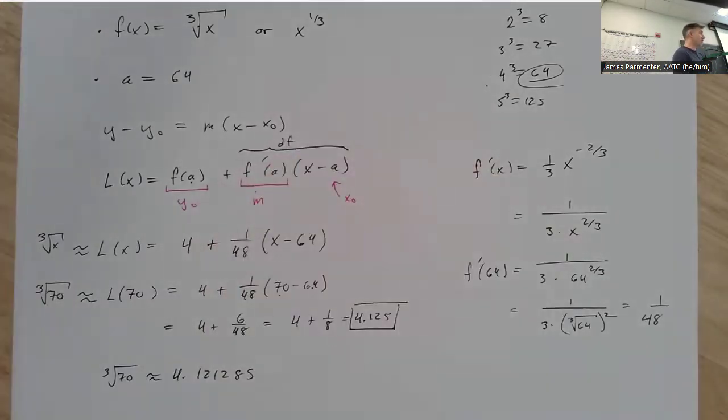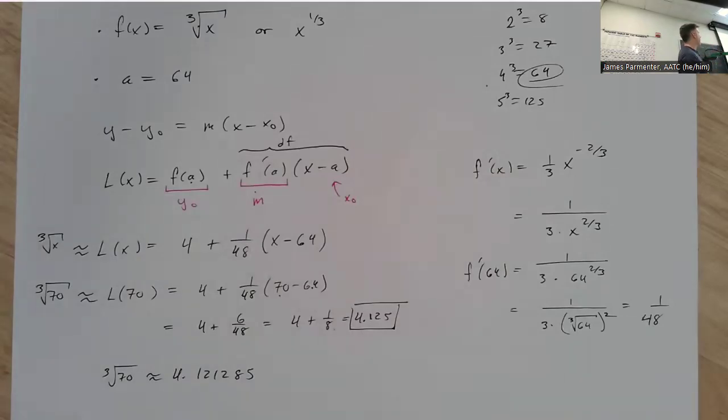That's your differential. That's your approximate change going from x equals 64 to x equals 70. You're changing by approximately 1/8. Actually, you're changing by 0.121285, but that's the part of the differential that we used before, and that's what is showing up as now. We're just now calculating the whole thing instead of just that one part.